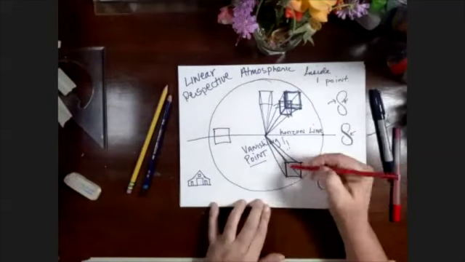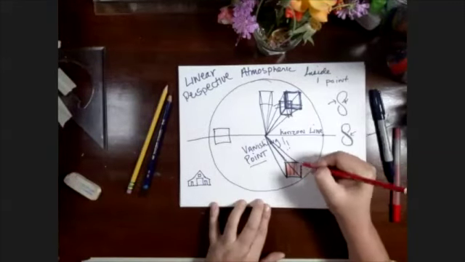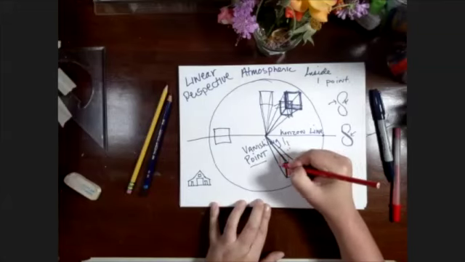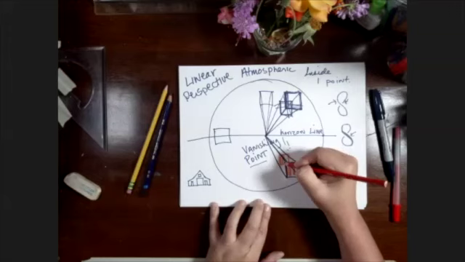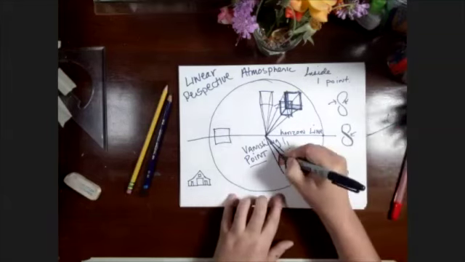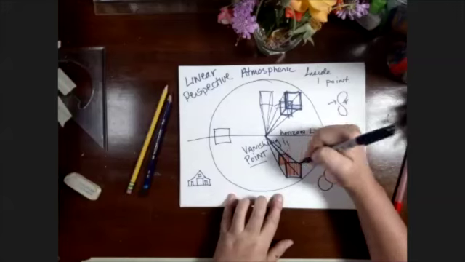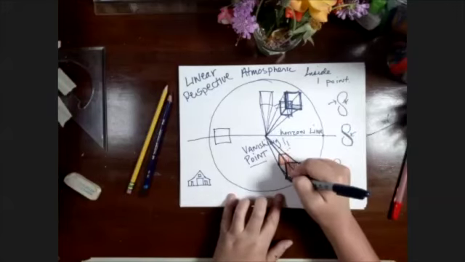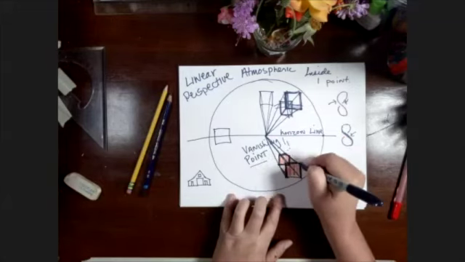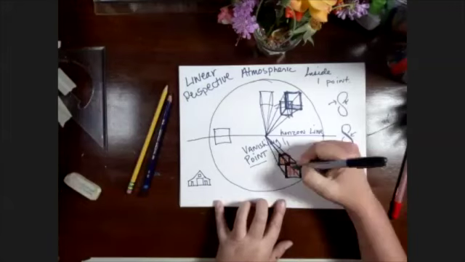Red. I need a front square and back square. There you have it. This one's more of a rectangle-y kind of thing. It's a pretty good example of one-point perspective.